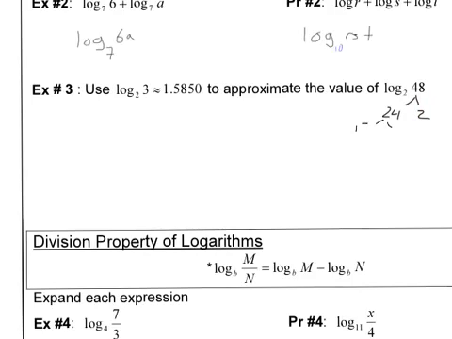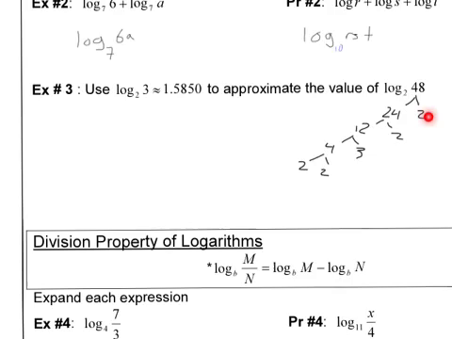Well, 24 is 12 times 2, and 12 is 4 times 3, and then that's 2 and 2. So we could change 48 to 1, 2, 3, 4 twos.